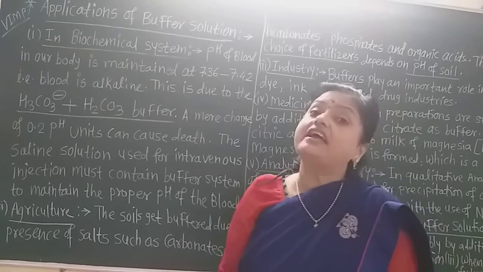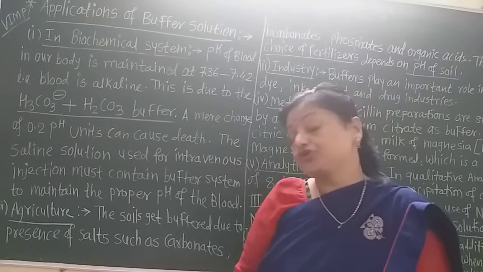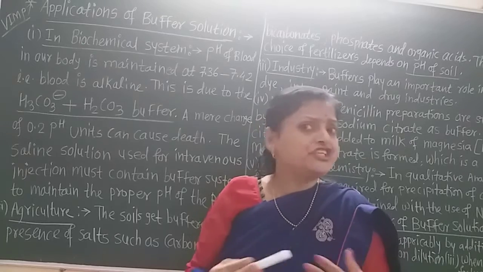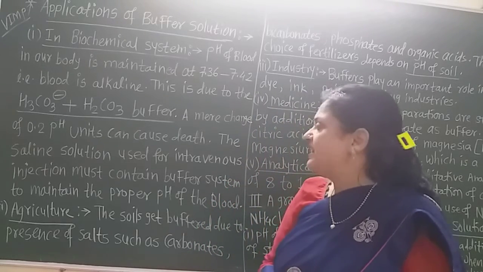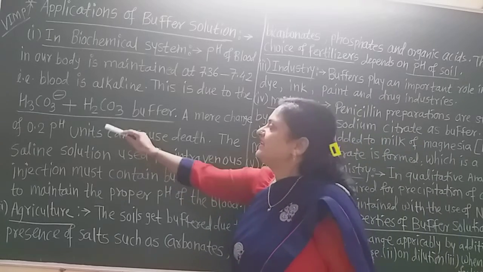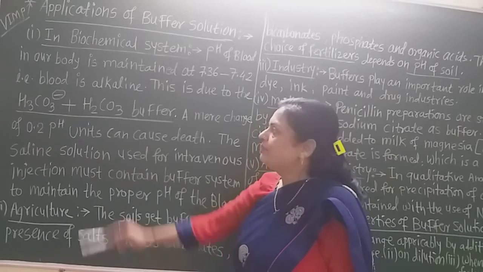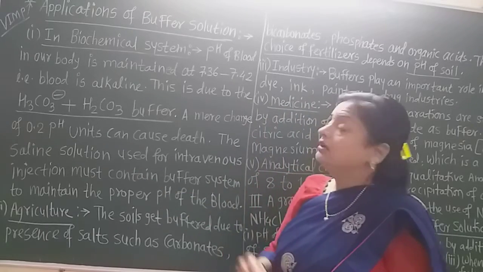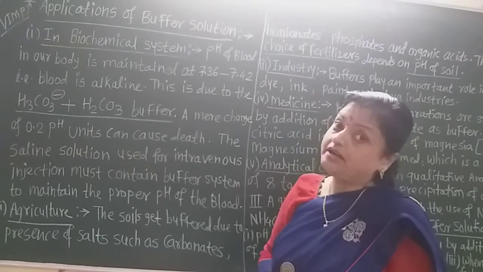That is why in the biochemical system the buffer solutions are very important. And which buffer plays an important role in our body? That buffer is carbonic acid H2CO3 and its ion, the bicarbonate ion.